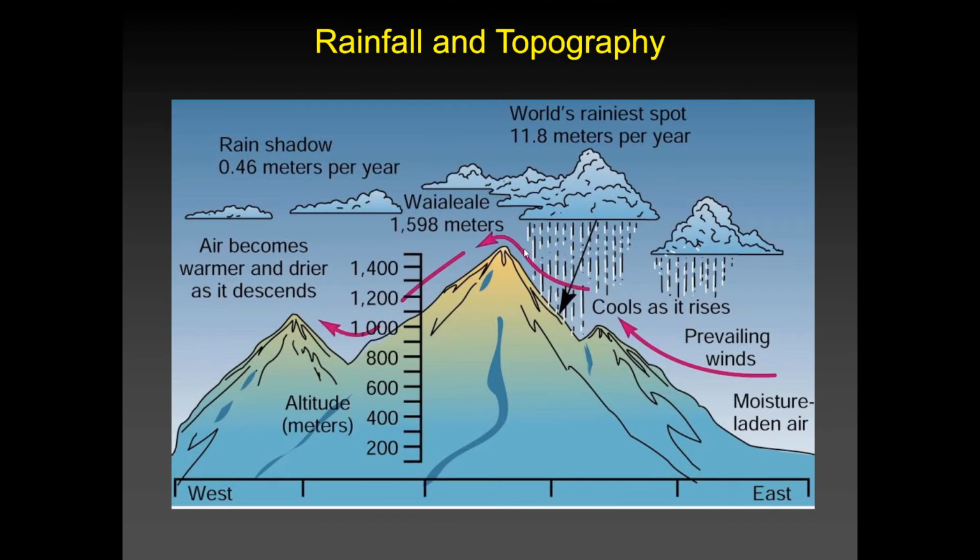Then this air will start to sink down, and it's drier, leading to this rain shadow. So with the rain shadow, you could see that it gets 46 centimeters per year, compared to 11.8 meters per year of rain.